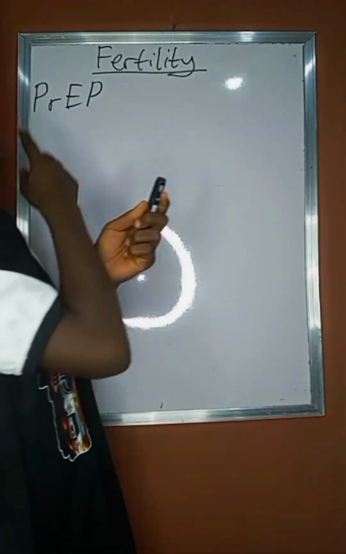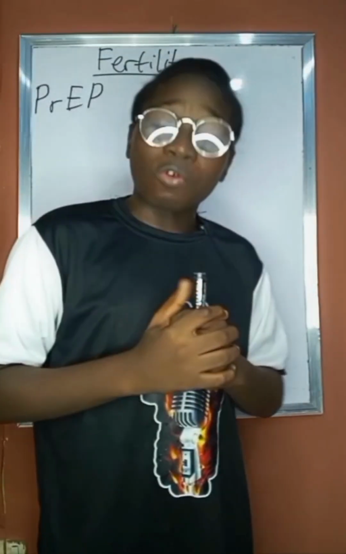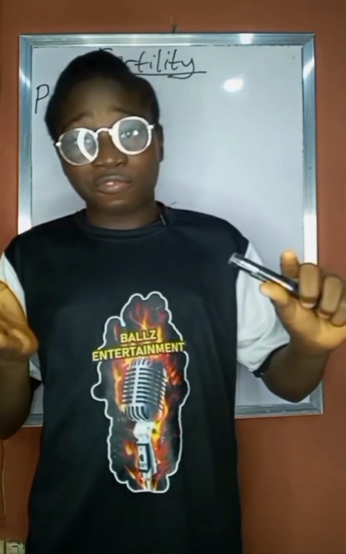And there is a specific drug that can be used to prevent HIV and AIDS. It's taken daily. It's called PrEP, or pre-exposure prophylaxis. Pre as in before, exposure as in coming in contact with the infection, and prophylaxis is the treatment to prevent the infection.